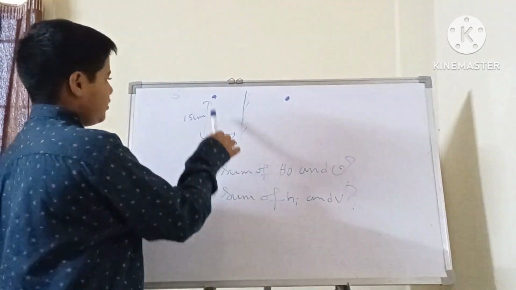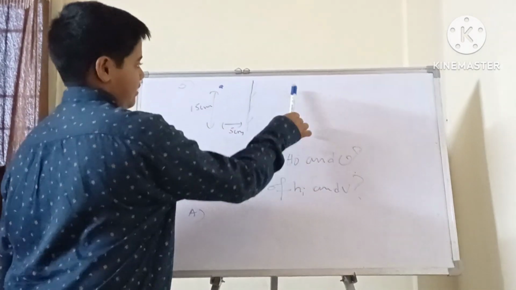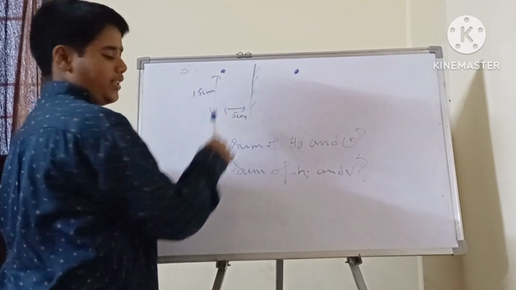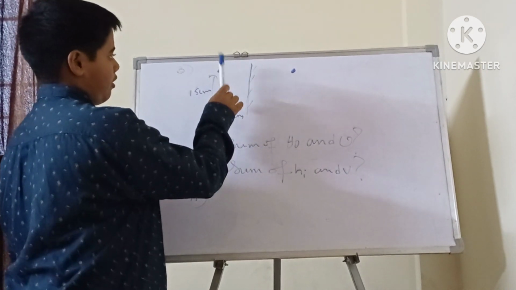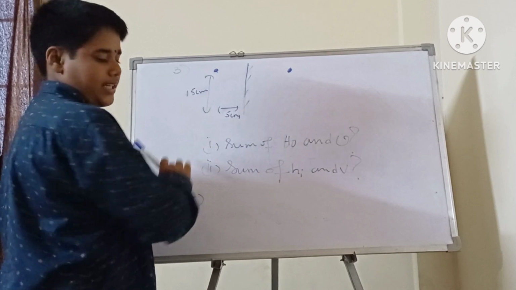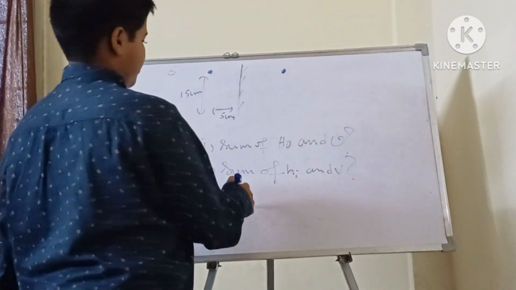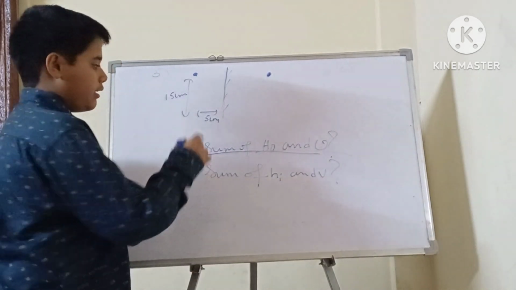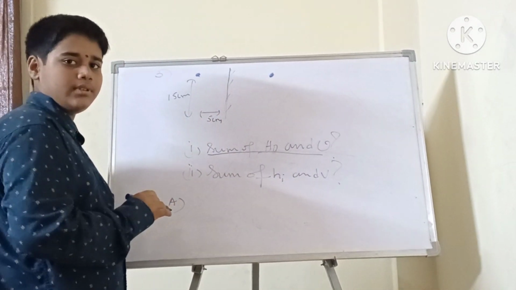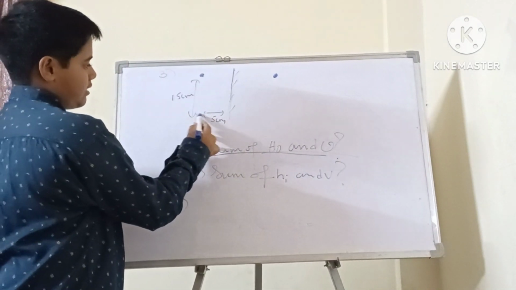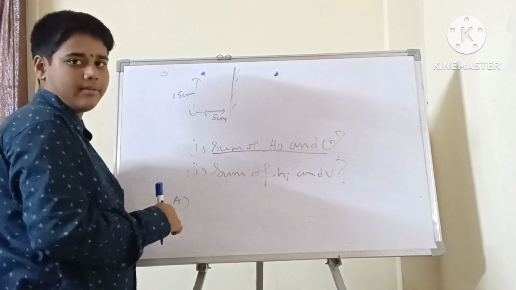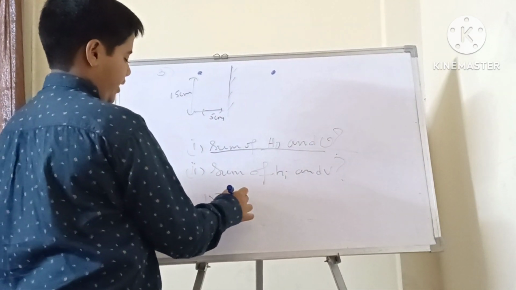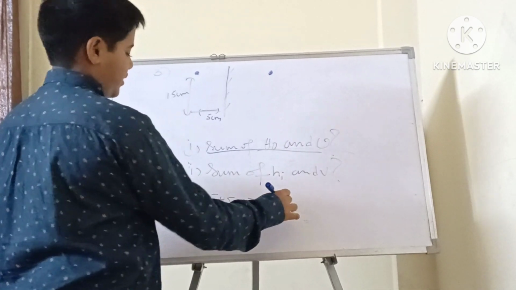This is the object and this is the image. They give object height 15 centimeters and the distance between object and plane mirror is 5 centimeters. In the first question, the sum of object height and the distance between object and plane mirror: 15 plus 5 is equal to 20 centimeters.